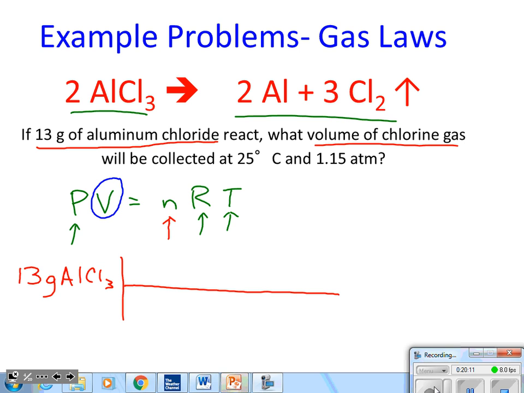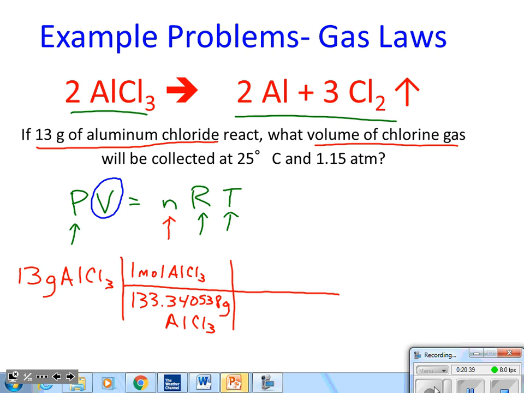As I do so, I know that 1 mole AlCl3 is 133.340538 grams AlCl3.